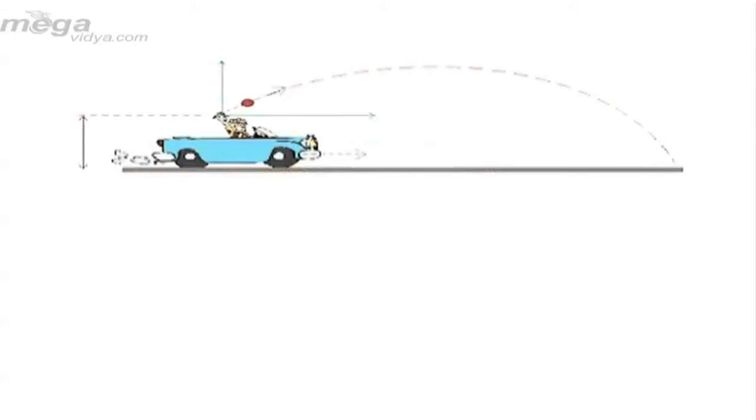Let us consider a car which is moving with velocity v0 along a straight road. The driver of the car throws a ball with initial velocity u relative to the car in a direction making angle theta with the horizontal.